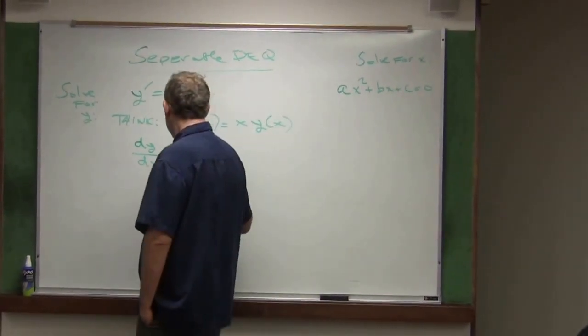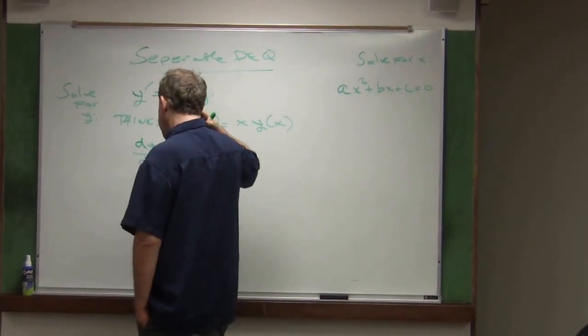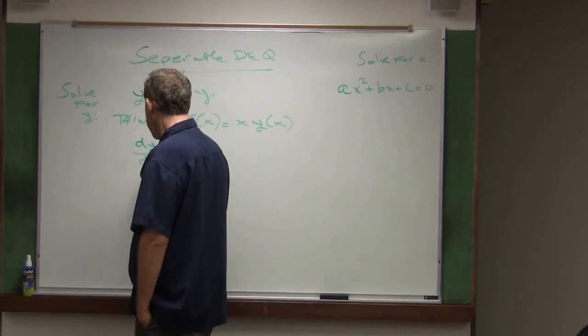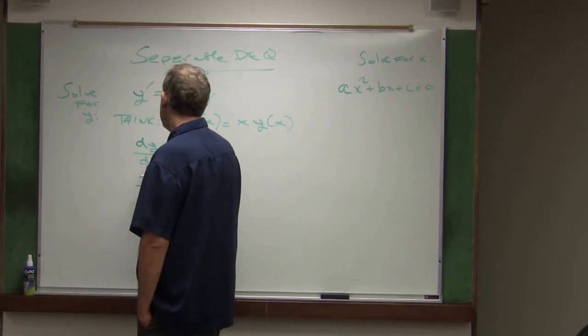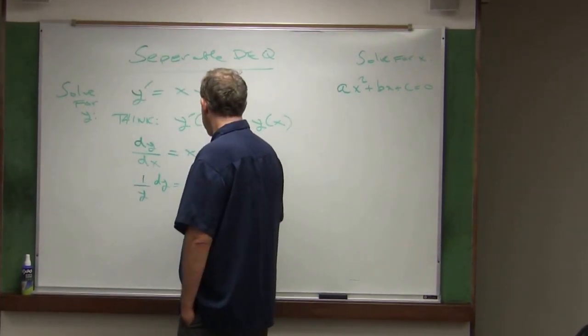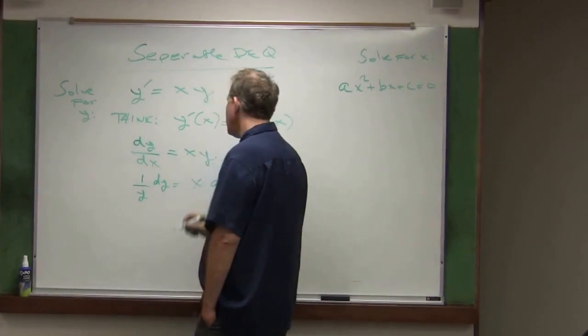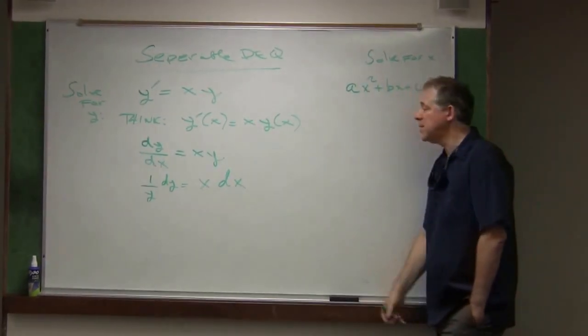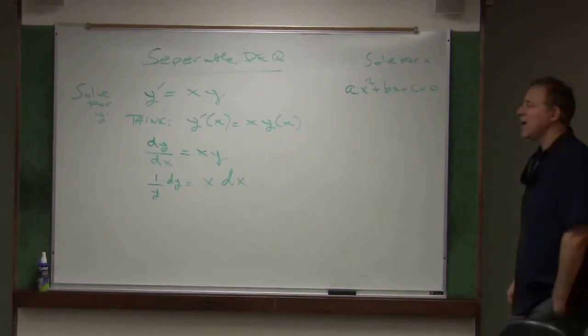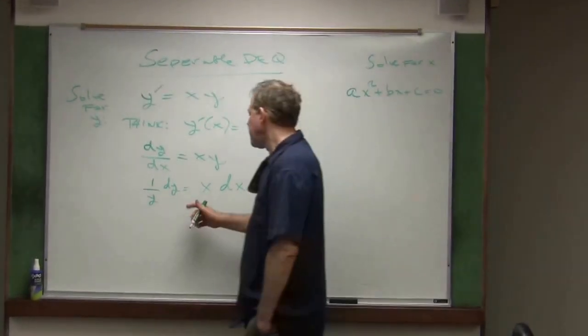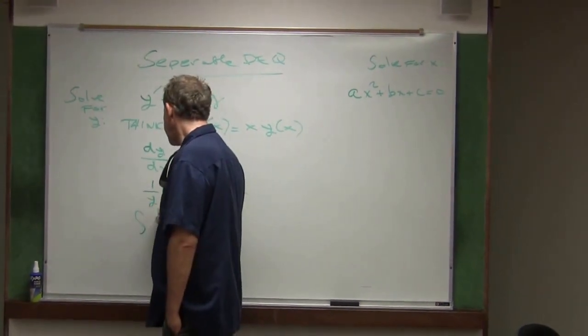And then I'm going to divide both sides by y. So in other words, I'm going to get the y over on the left-hand side with the dy. It looks like I'm multiplying by dx, but I'm just kind of moving it over there. I'm getting 1 over y dy is equal to x dx. Okay? And now I'm going to integrate both sides.